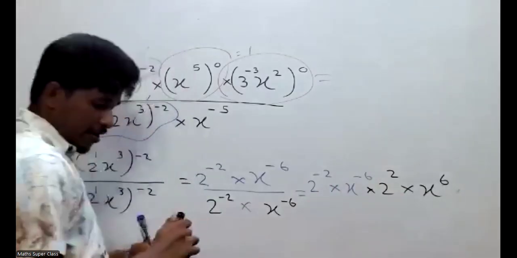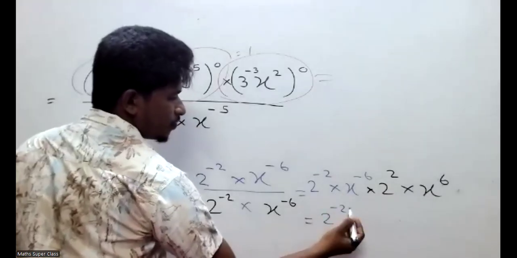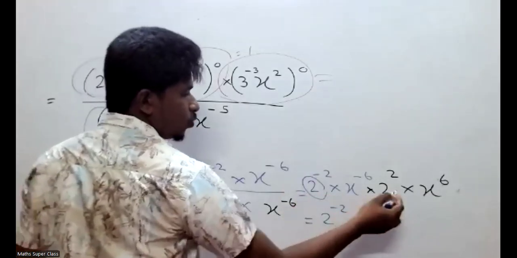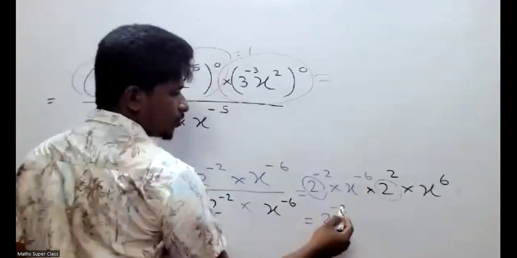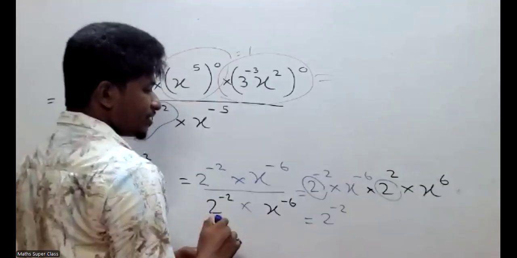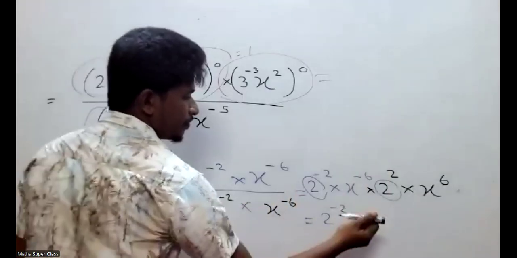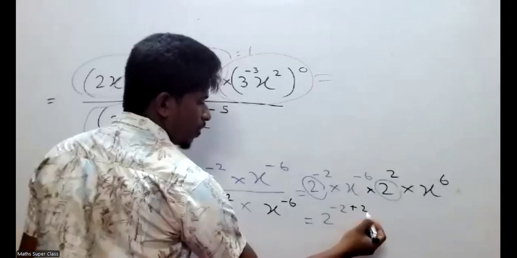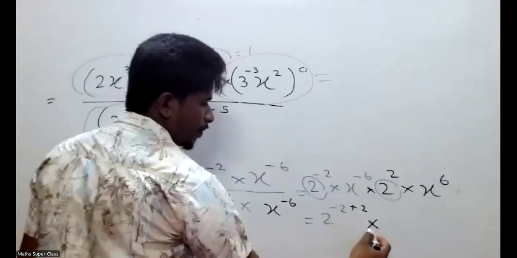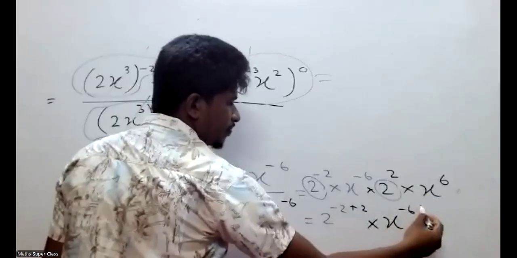Now what happened is 2 to the power minus 2, then here the same base 2. When we are multiplying the indices, if they are the same bases, these powers will add. Minus 2 plus 2. Okay, Dylan? Multiplied by the same thing, x to the power minus 6 plus 6.